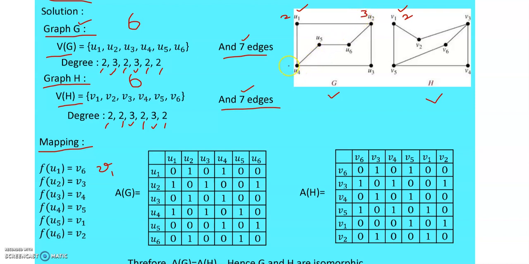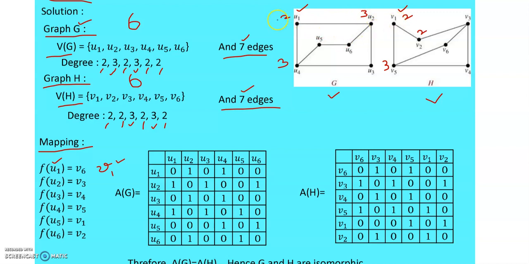For u4, what is the degree? 3. I am mapping this vertex u1 with v1, just trying. If I map u1 and v1, the adjacent vertices of u1 have degrees 3 and 3. Now what are the adjacent vertices of v1? First one is v2, which has degree 2. Another adjacent vertex of v1 is v5, which has degree 3. Now can we map u1 and v1?